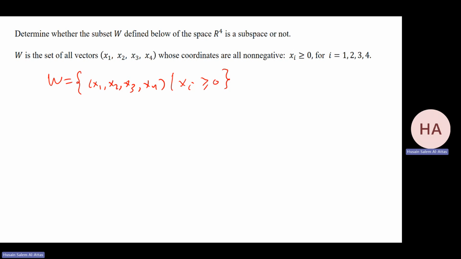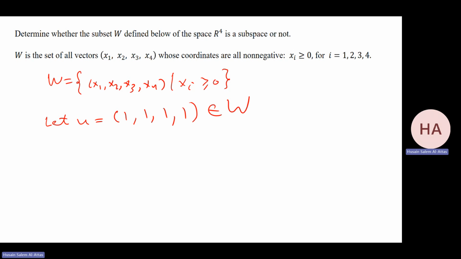However, my problem is in the second condition, the scalar multiplication. The first condition will work. You have no problem with it. But to show it's not a subspace, I need only one example, from either condition. So let U equal 1, 1, 1, 1.